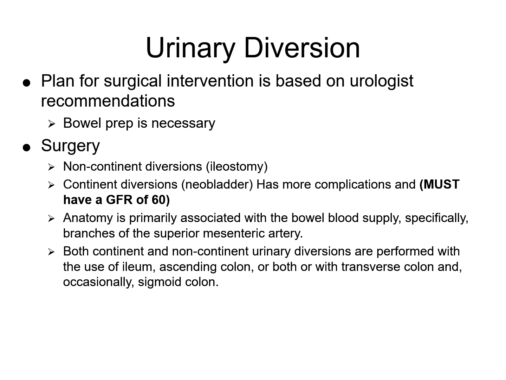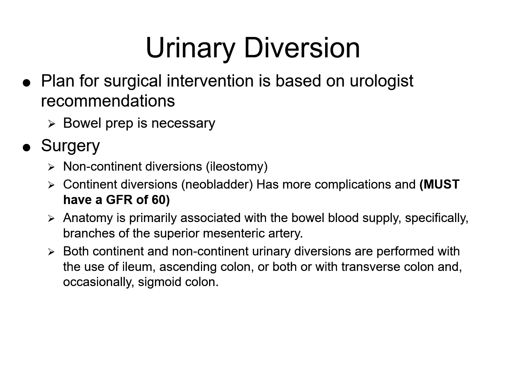If they have the whole bladder taken out and they put a neobladder in, then they use part of the large bowel. Now, if they do that, they of course need bowel prep. So they would decide what kind they're going to do, and it's based on the urologist's recommendation. If it's non-continent, that would be the ileostomy.